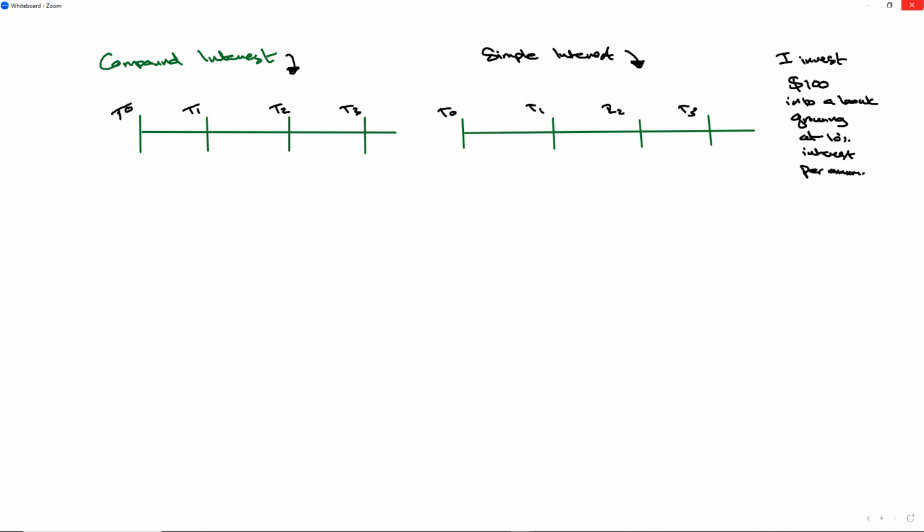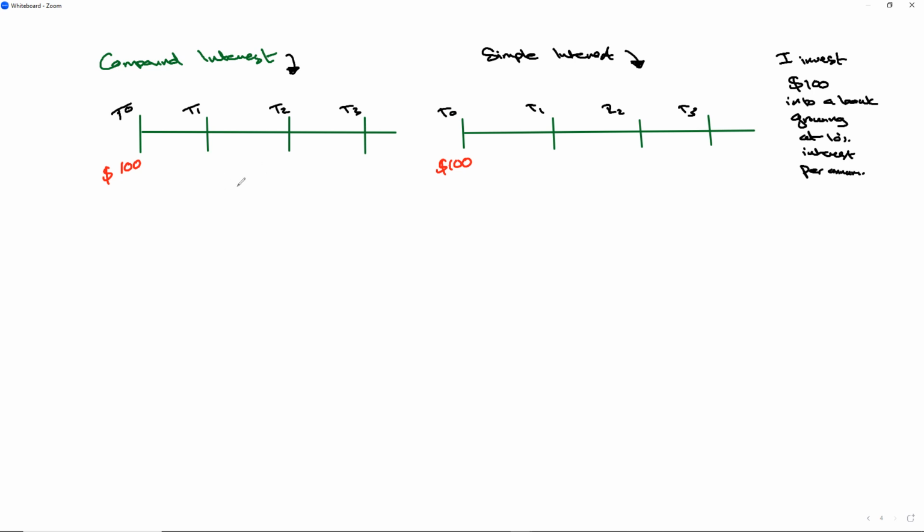So what I have to do here is I have to allocate $100 now. Right now at time naught, which is now, I would put $100 in my bank. Once I have $100, I leave it in there and I wait for 1 year. And after 1 year, it grows.